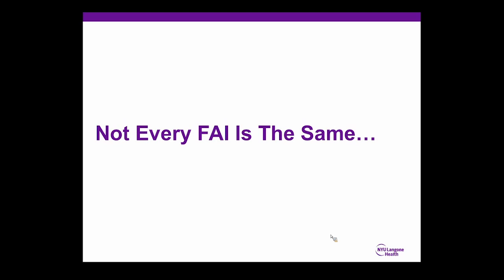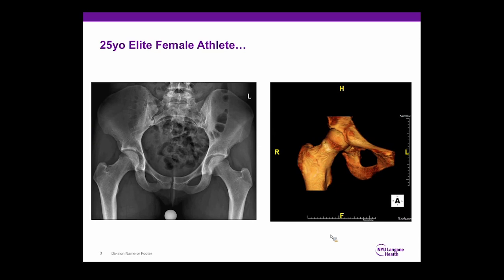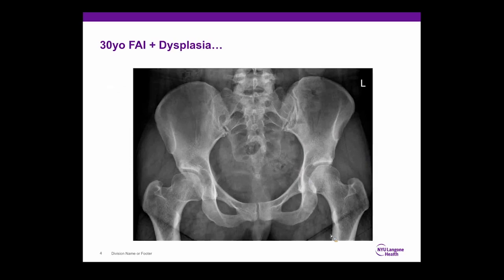So we're talking primary FAI. And we're all familiar with the concept of impingement that Tom illustrated, but really not every FAI is the same, and it's important to understand that. This is a patient that we're probably familiar with, mixed cam pincer. They've got a synovial herniation pit, elite athlete. Here's a patient that we kind of alluded to in the earlier talks.